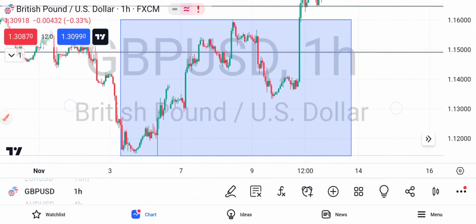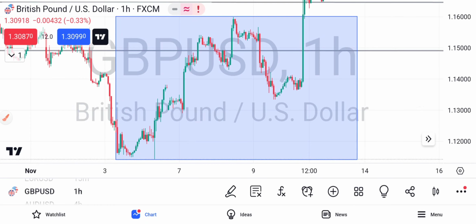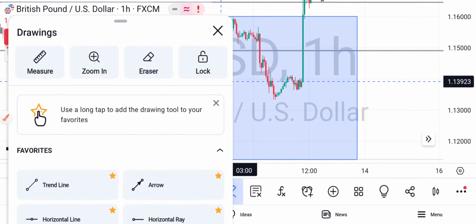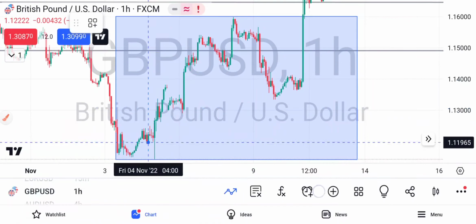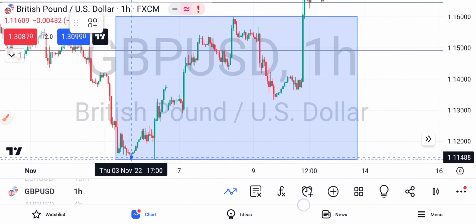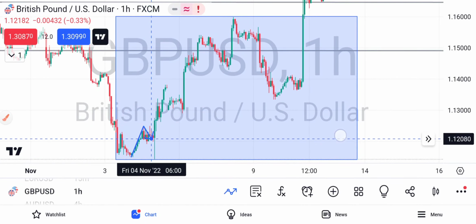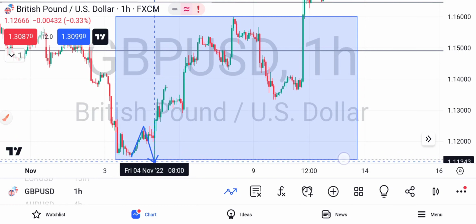So now see it again. This is an uptrend, as you can see. See, it's created a high, a low here, created a high, went lower first.